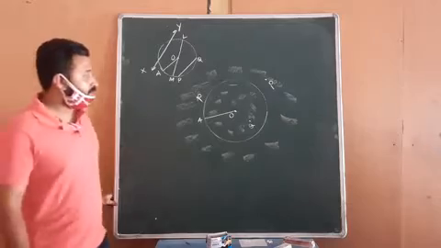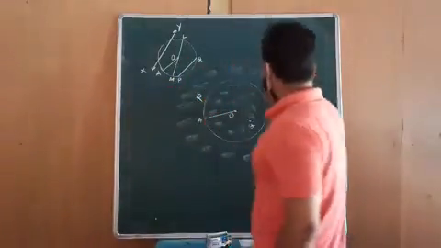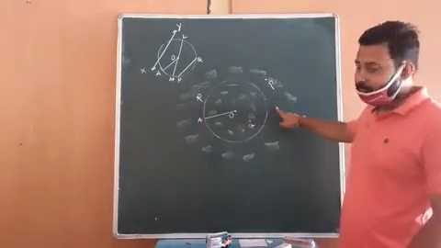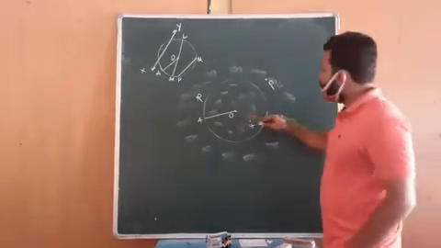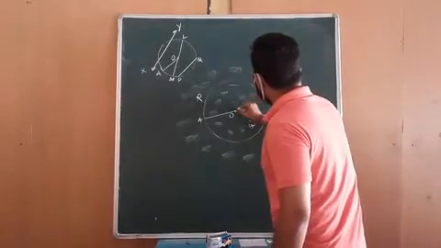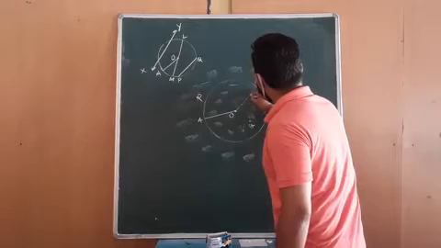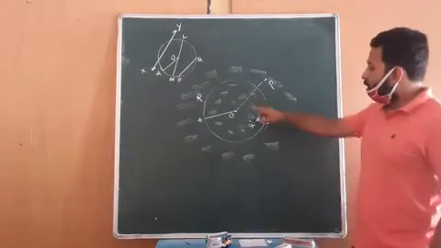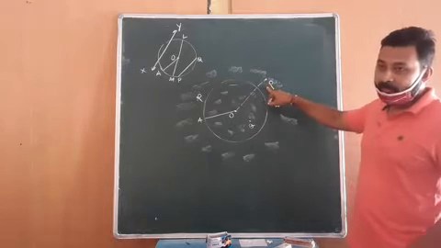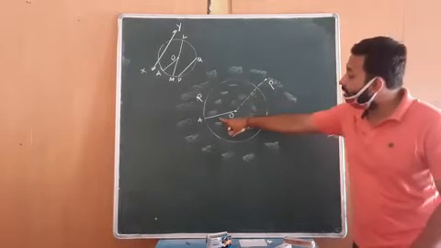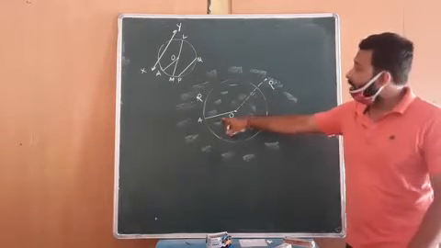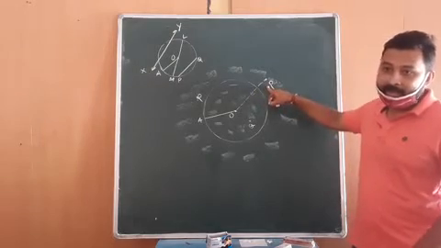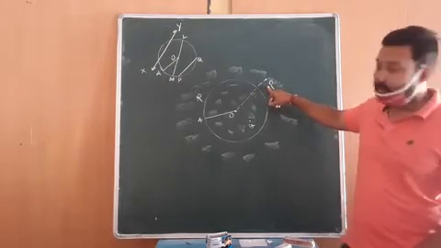If the distance of a point from the center, say if we join O and P, is greater than the radius, then that point will lie in the exterior of the circle.